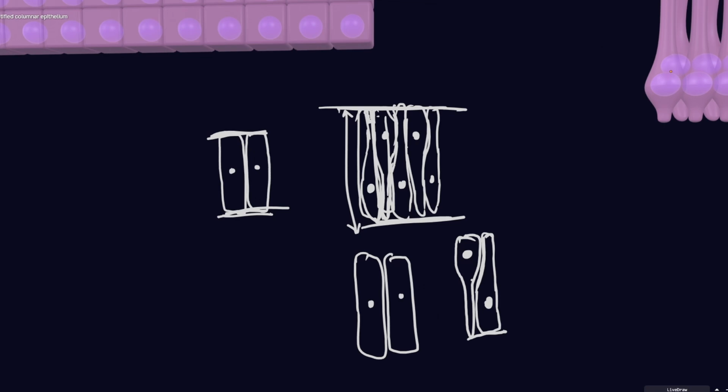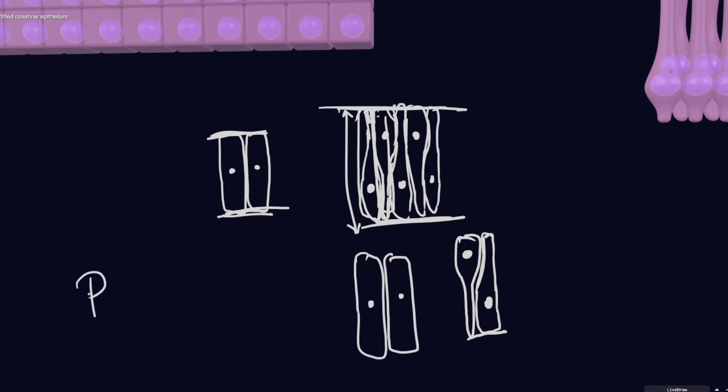So this type of epithelium, which especially on low magnification looks like it is stratified, is not actually stratified. It is simple columnar epithelium, but it looks like stratified. It is false, it is pseudo, so it is a falsely stratified, actually columnar, epithelium.